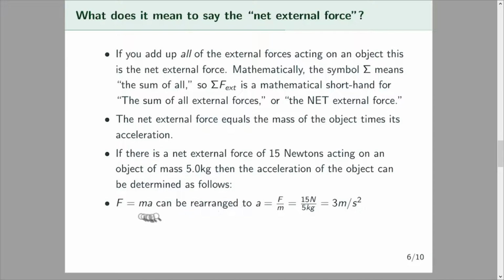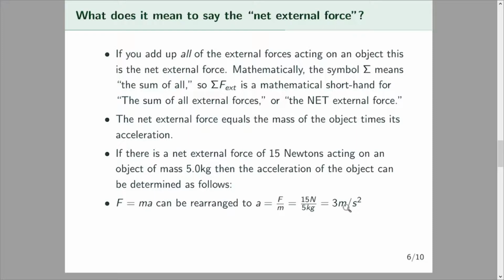I can divide both sides by m, and I get this equation. And that says the acceleration is the force divided by the mass. Well, if it's a 15 Newton force on a 5 kilogram object, my cup is not a 5 kilogram object, but we'll just pretend, then the acceleration is 15 divided by 5, or 3 meters per second squared.